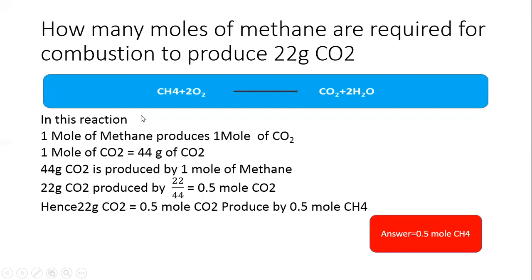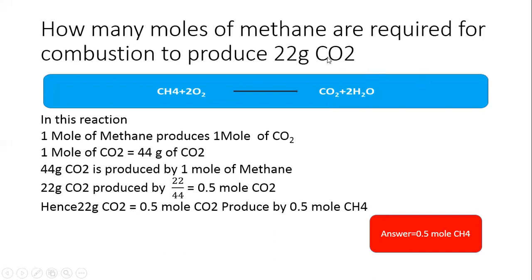In this reaction, 1 mole of methane produces 1 mole of CO2. 1 mole of CO2 equals 44 gram of CO2 because the molar mass of CO2 is 44 gram. It means 44 gram of CO2 is produced by 1 mole of methane.